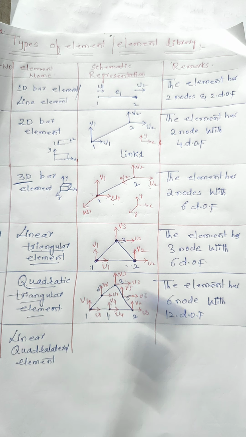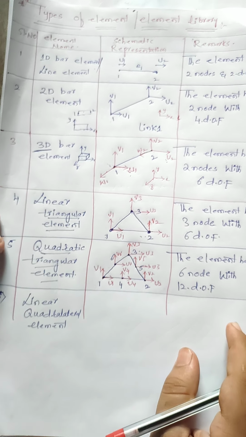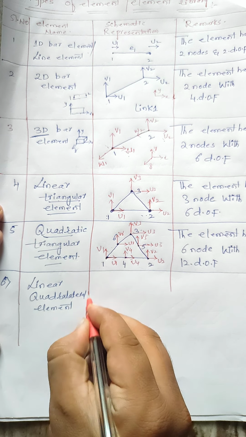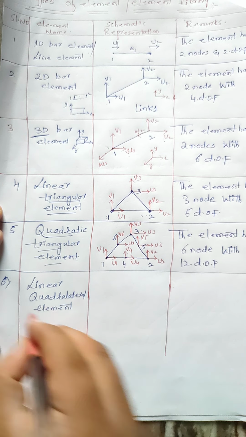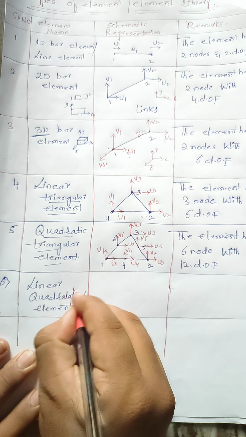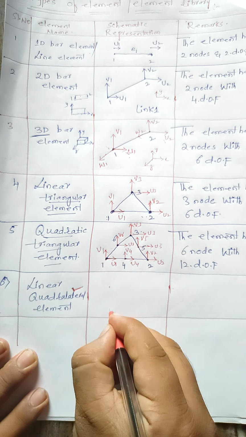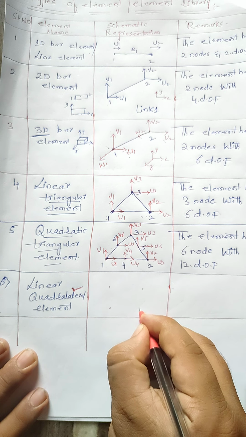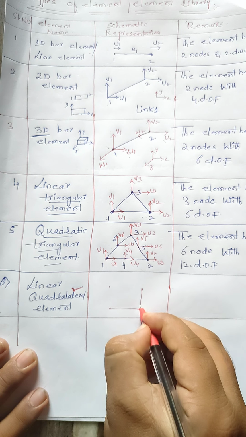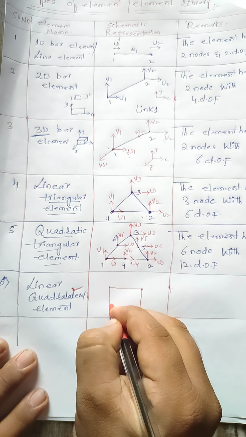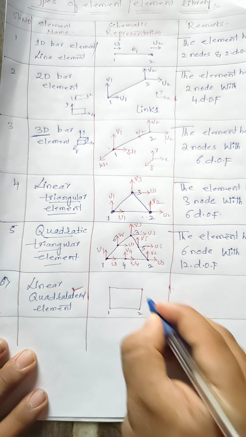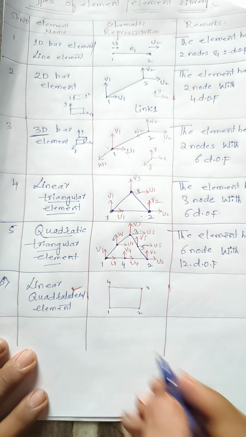Okay dear, so here I am considering which one? Quadrilateral. First node, second node, third node, fourth node. We are joining the first node to the second node, the second to the third node, the third to the fourth node, and the fourth node to the first node. Is it right? So we can represent here the first node, second node, third node, fourth node.